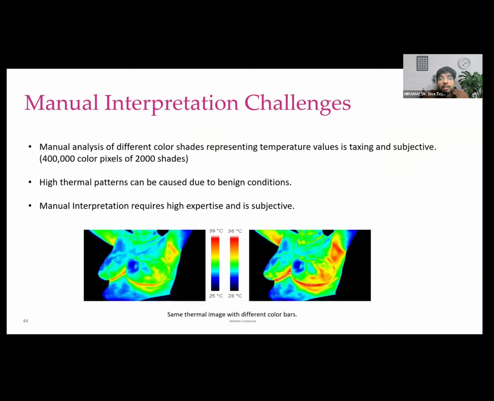If you see both the images, what you are seeing are thermal images of the same temperature array. As we said, thermal cameras capture the temperature array, and we use a temperature color palette.